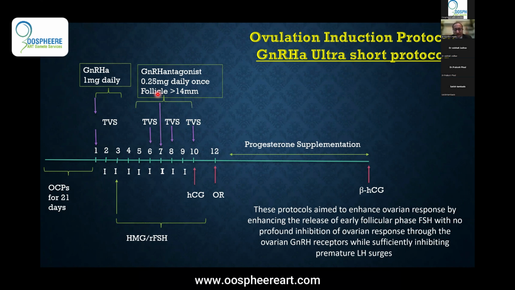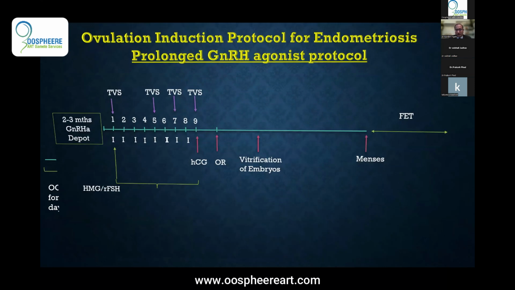So these protocols aim to enhance ovarian response by enhancing the release of early follicles with FSH, with no profound inhibition of ovarian response through the ovarian GnRH receptors, while sufficiently inhibiting premature LH. So both the things we have already done in this protocol.